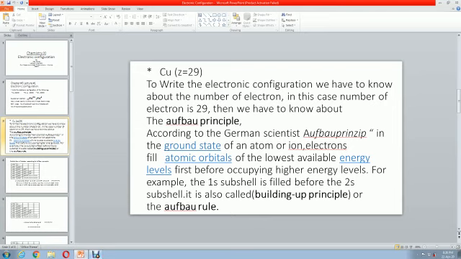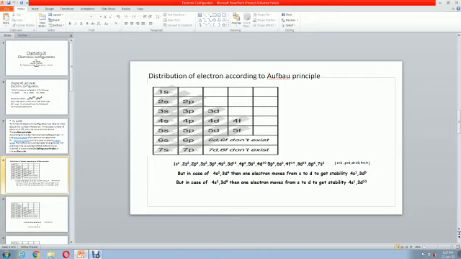For example, the 1s subshell is filled before the 2s subshell. It is also called the building up principle or Aufbau rule. Distribution of electrons according to the Aufbau principle is as shown in this figure.